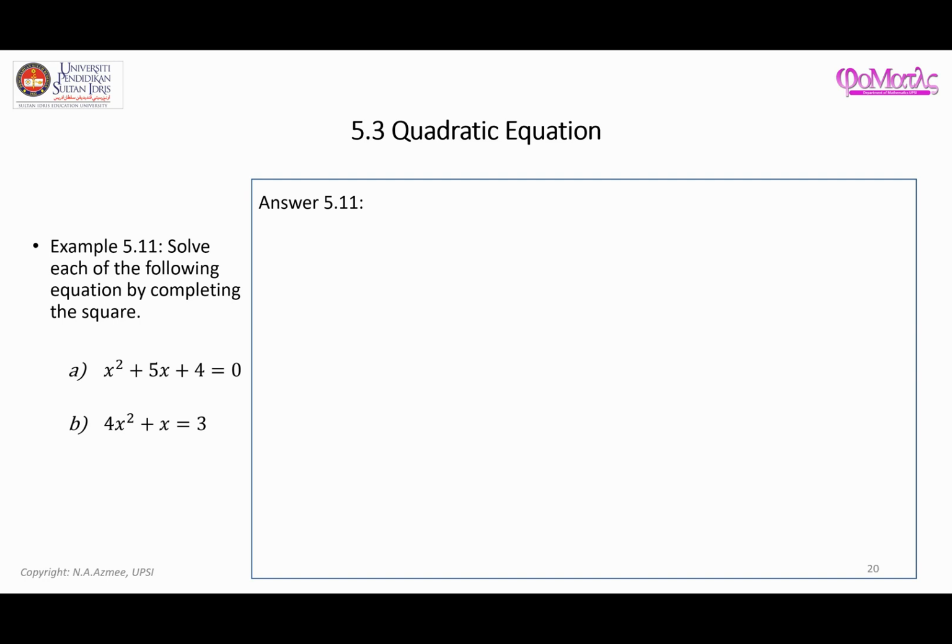So today we shall continue our video with this example and we're going to solve this quadratic equation by completing the square. So here is our quadratic equation, 4x squared plus x minus 3 is equal to 0.